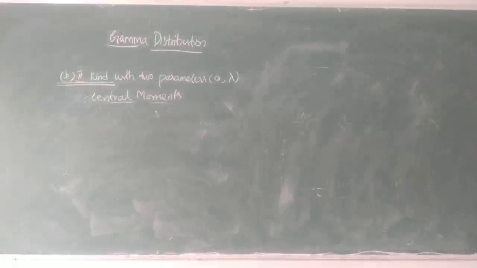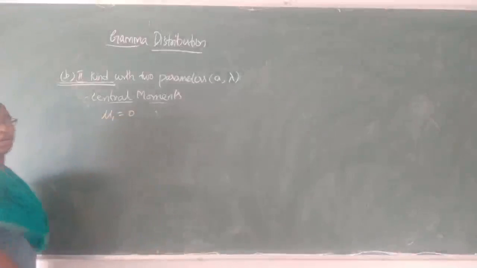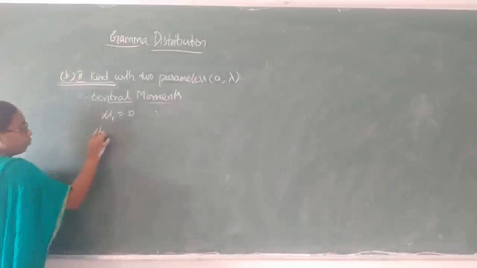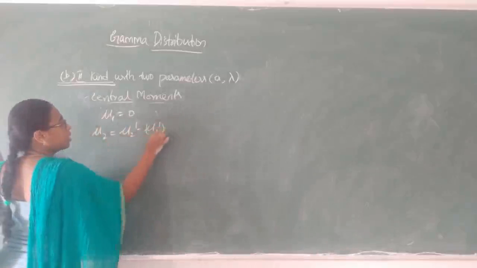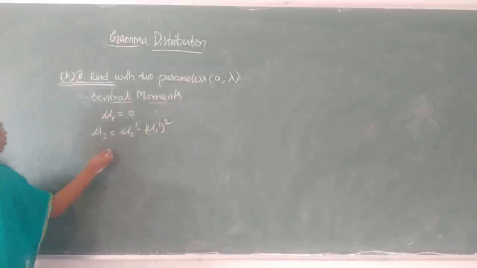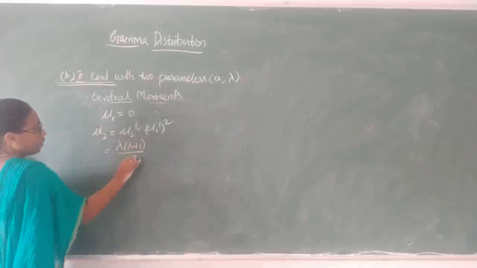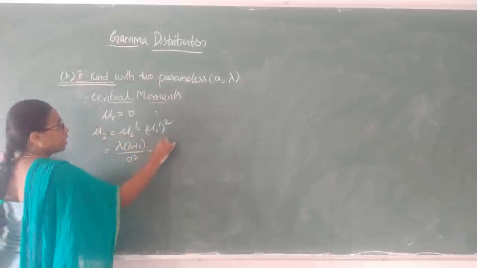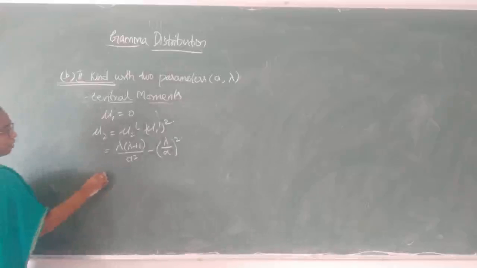Now the central moments. So we know the first central moment mu1 equals 0. Next mu2 equals mu2 dash minus mu1 dash whole square. So what is mu2 dash value? Lambda into lambda plus 1 by a square minus mu1 dash value, lambda by a, whole square. Now simplify this one.